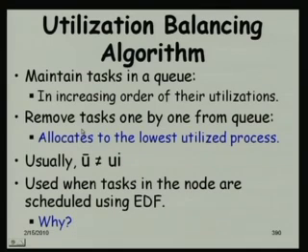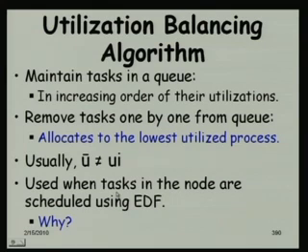So, this algorithm will not work for RMA in this form, is it not? We are just worried about how to balance the load. So, it might happen that some node has 0.9 utilization and another node has 0.8 utilization. It will ensure that the tasks can be run on EDF as long as the utilization is less than 1. But for RMA, this algorithm will not work in its current form.